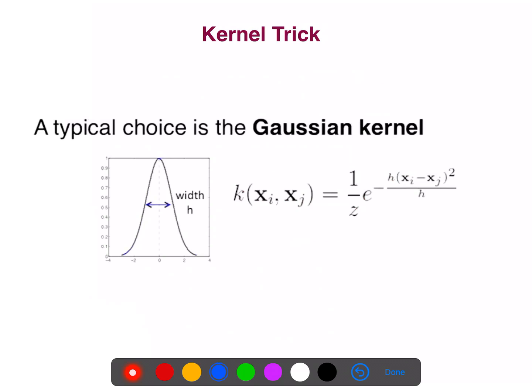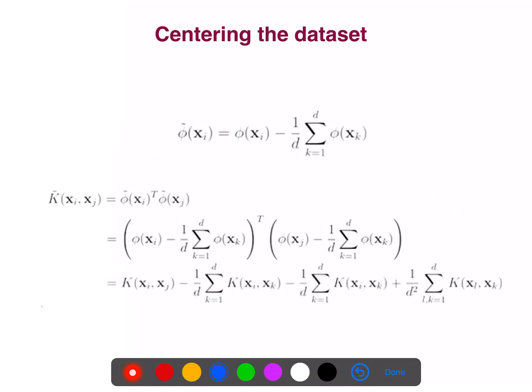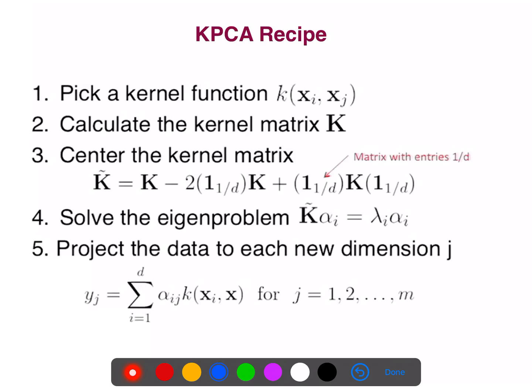A typical choice, as usual, is the Gaussian kernel with h as your bandwidth, and you just need to center the dataset. And after that, you find the eigenvalue problem as is common in most dimension reduction techniques, and then you project it to a new dimension.